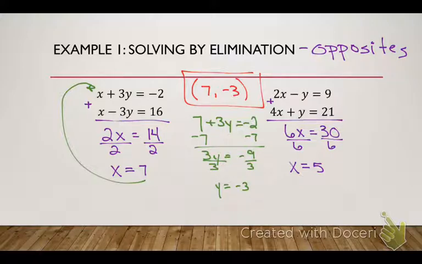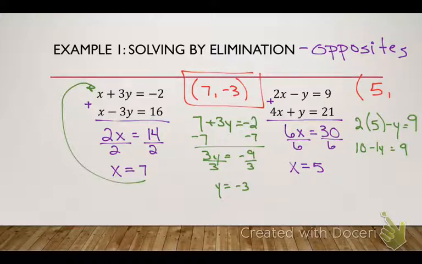All right, when I plug 5 back in, 2 times 5 minus y equals 9. But what number is understood in front of the y? A 1y, okay? It's really important when there's a negative in front of the variable, but no number, that you put the 1 there, because that reminds you that there's a number there that I have to get rid of.